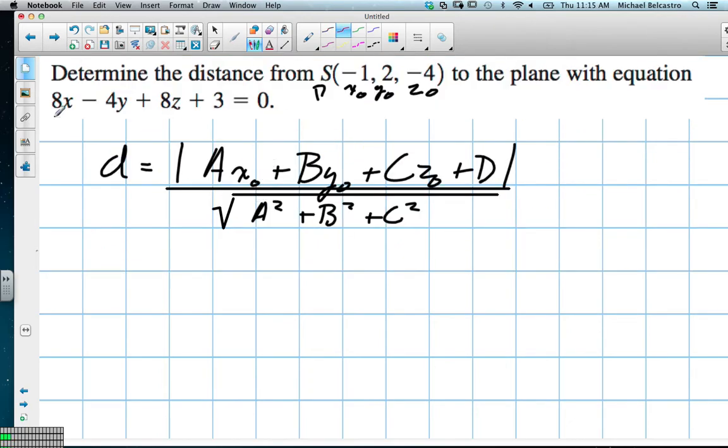In this one, here is our A value, our B value, our C value, and this is our D. What we're going to be doing is just plugging in our x naught, y naught, and z naught into this formula and finding the magnitude of it.